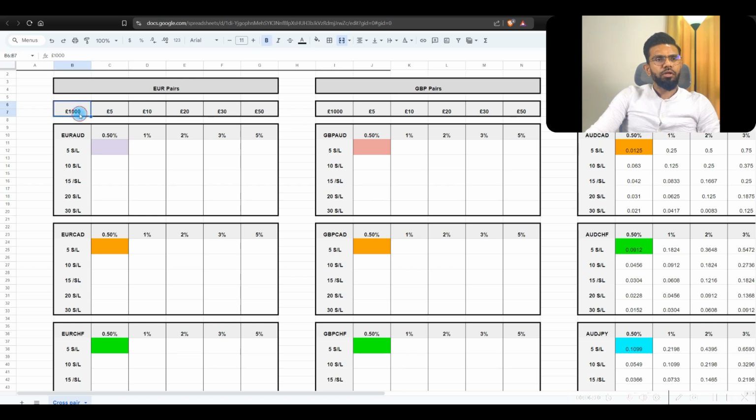The same thing you can do here, you just change this lot size, and you can change this to 0.5, 1, and down to 0.25. So for funded, this will be 0.25, this will be 0.5, and this will be 1%, and the max you want to risk for your funded account is 2%. You don't want to risk more than that.